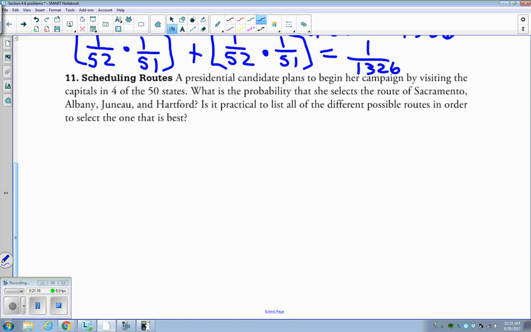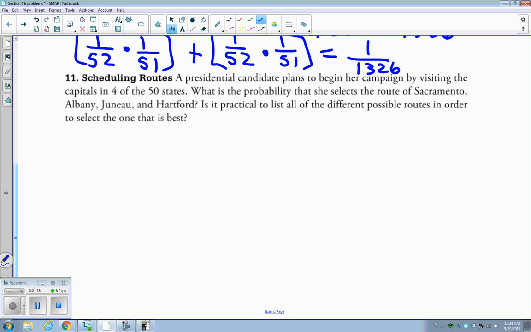Next question here. A presidential candidate plans to begin her campaign by visiting the capitals of 4 of the 50 states. What is the probability that she selects the route of Sacramento, Albany, Juneau, and Hartford?